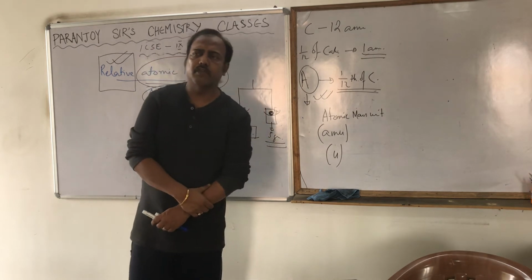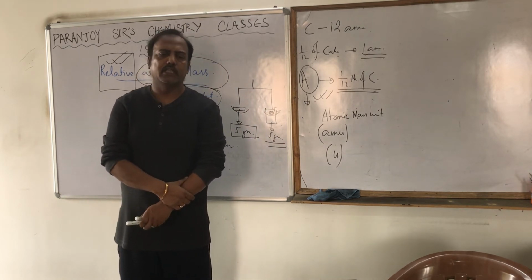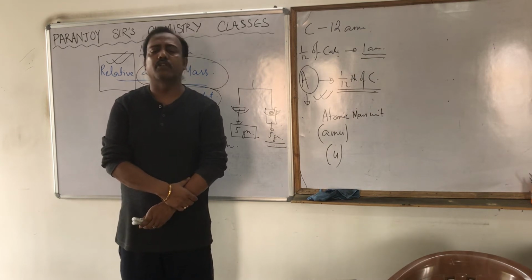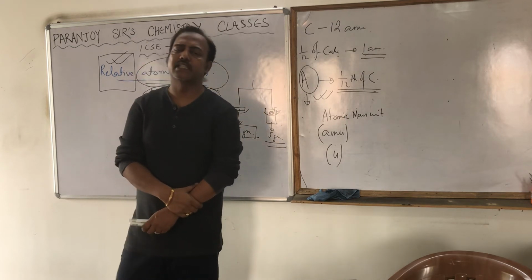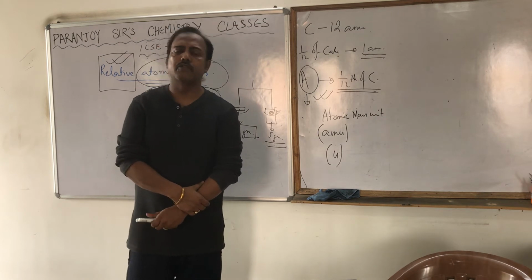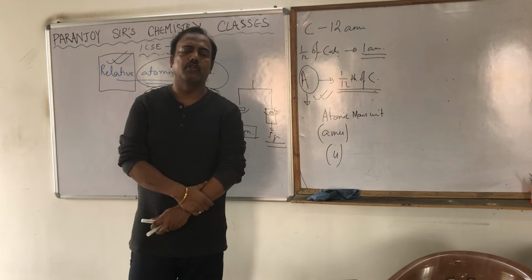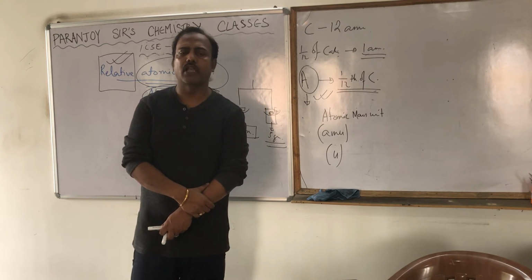Then the standard was changed into oxygen. Oxygen's mass had been taken as 16 u, and by considering that as 16 u, we calculated the masses of the others. Then we found out that oxygen is also not good enough for measuring the masses of all other atoms.